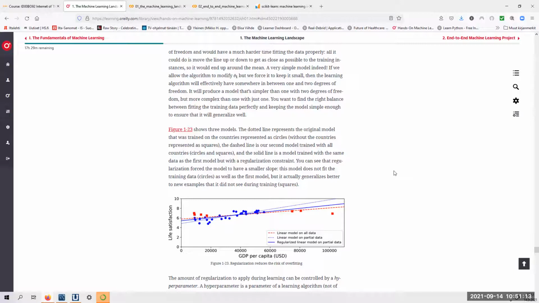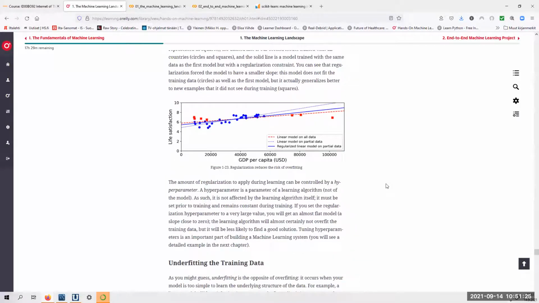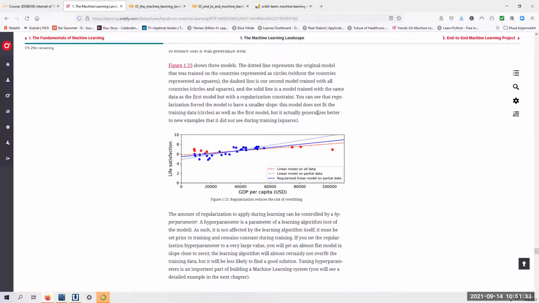So it can't be anything. For example, here this blue line is regularized, so it can only vary within some limits. And it actually generalizes better to new examples that it did not see during the training.